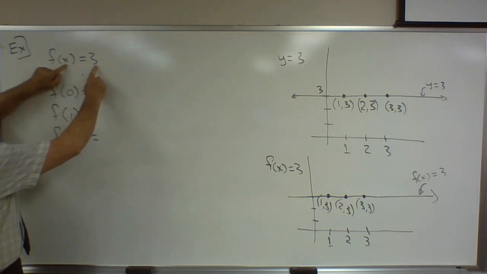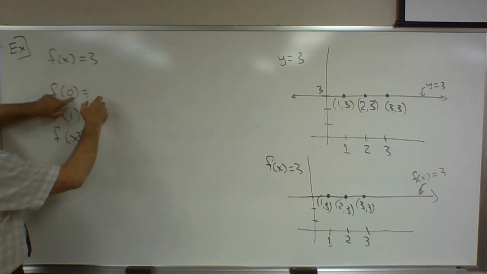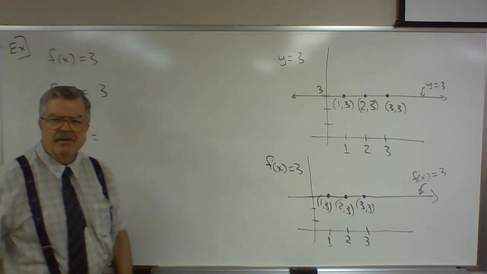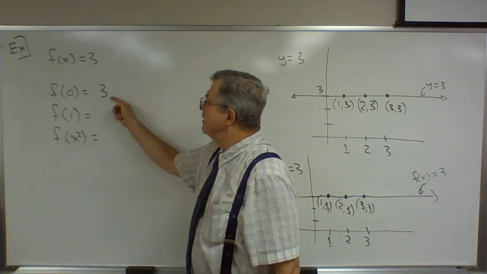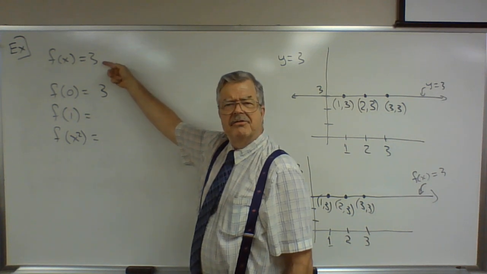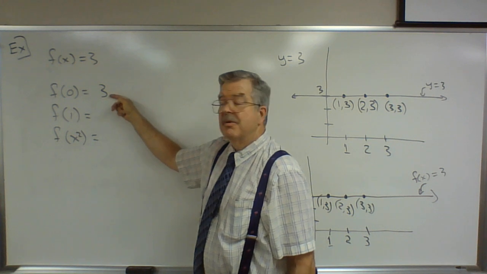So every place that we see an x up here, we're going to put a 0 down here. What? Oh, there are no x's on the right side of the equation, so there's no place to put a 0 here.